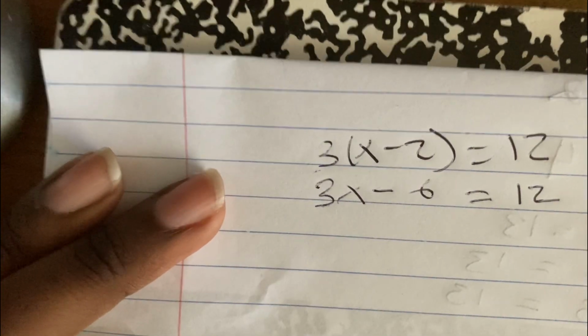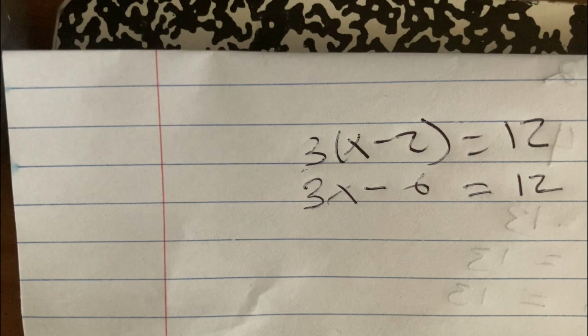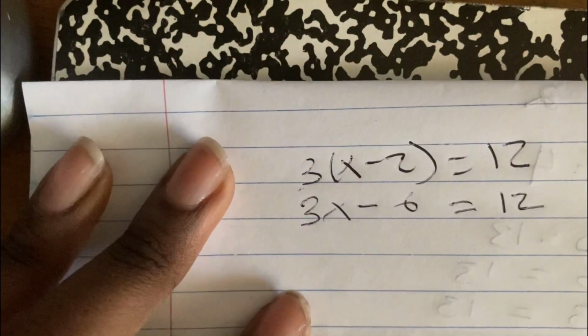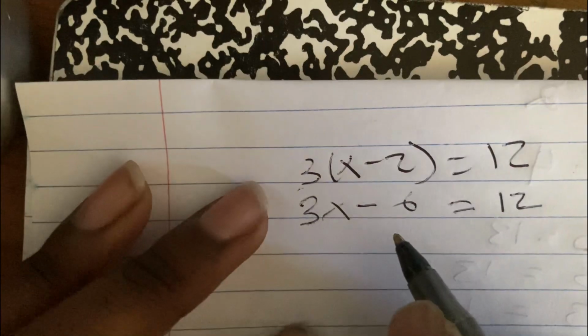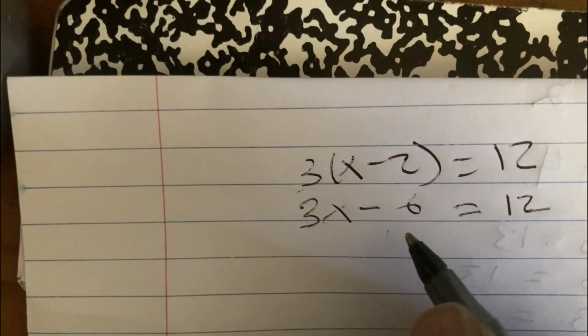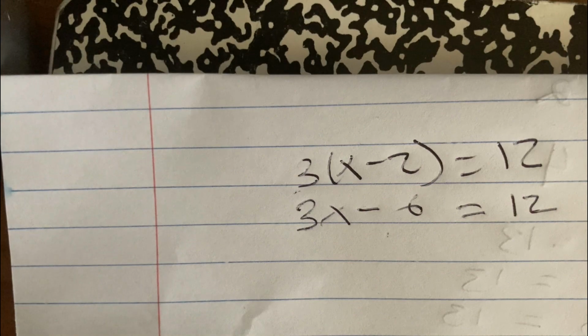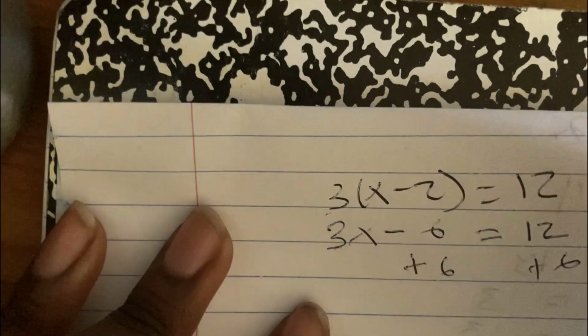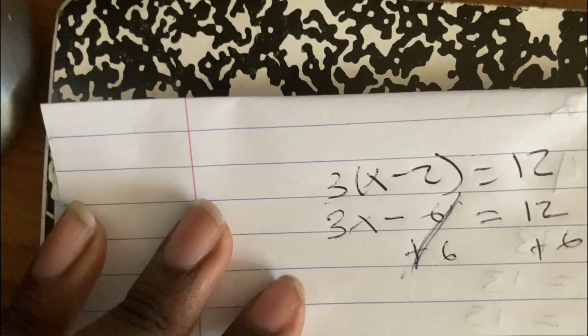Now that we finished the first step, next we're going to isolate the variable by subtracting or adding. So I'm going to add the 6 on both sides to try to isolate the x. Plus 6, plus 6. These two cancel each other out. And then we have 12 plus 6 is 18. So 3x equals 18.